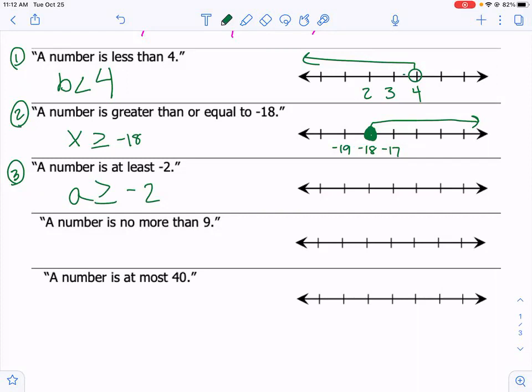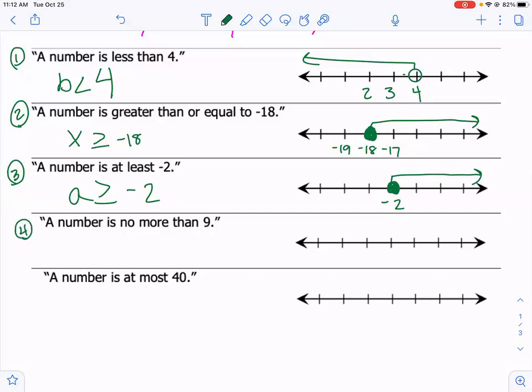At least. You need to be at least 16 years old to get a driver's license. You can be 16 or more, right? Okay. So at -2, we're going to make a closed circle. And Bronson, which way do we travel? Right or left? And you already answered me right.